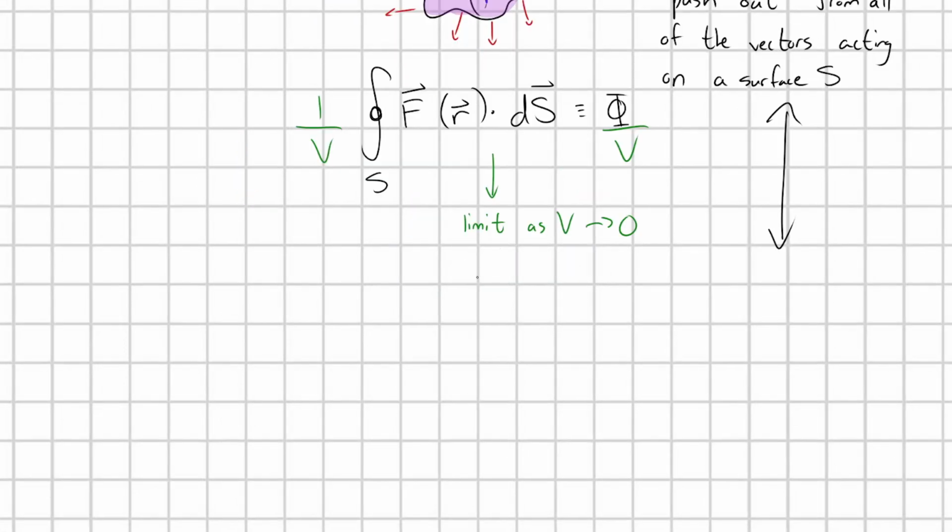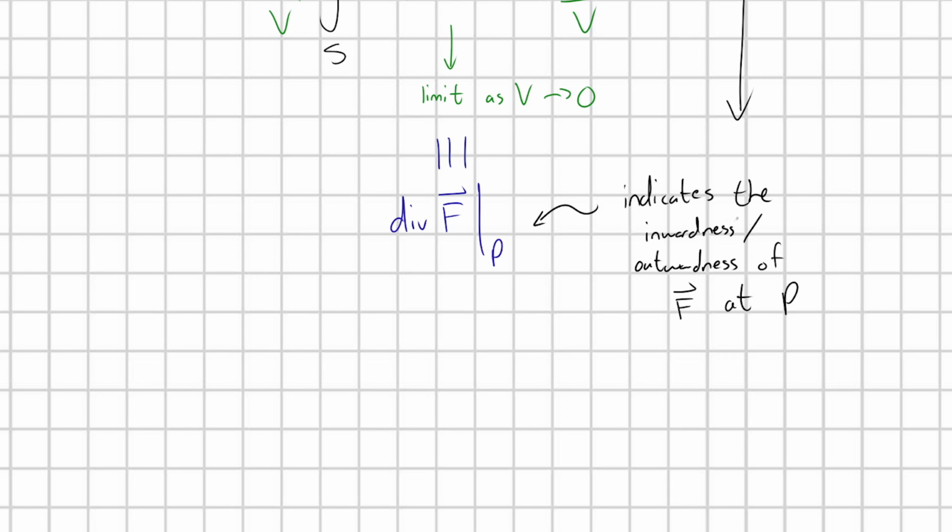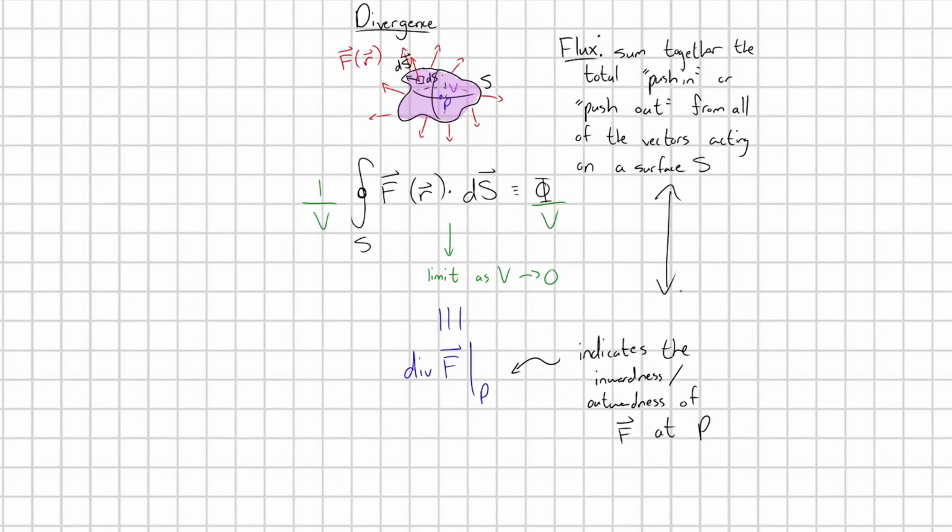This limit is defined as the divergence of F at this location P. Very colloquially, this divergence quantity indicates the inwardness or outwardness of my vector field at this point P. Again, this is just an infinitesimal limit of the notion of flux.